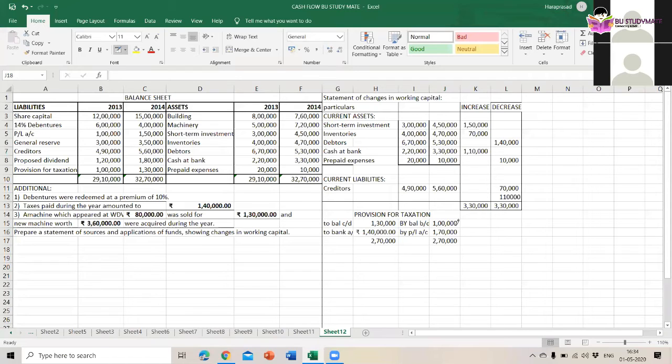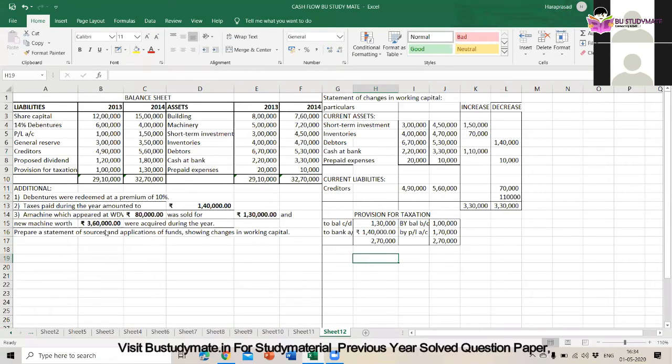Okay, any other adjustment: a machine which appeared at written down value 80,000 was sold for 1,30,000, and a new machine worth 3,60,000 was acquired during the year. So you have to make a ledger entry of the machinery account.